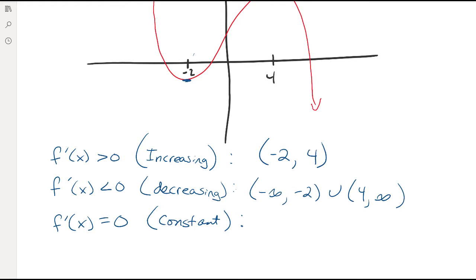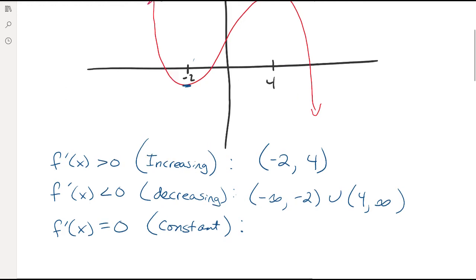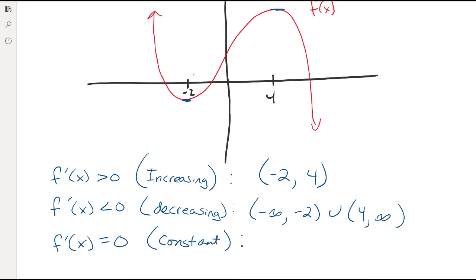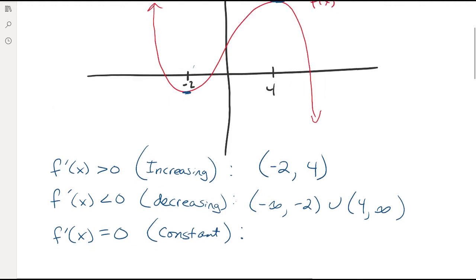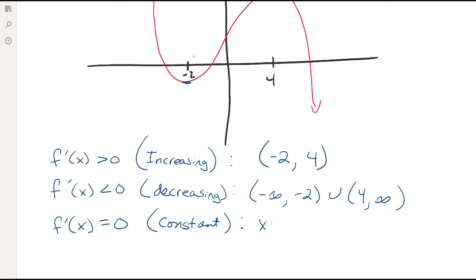It's going to be specific values of x. As I said, this is where the graph flattens out. Here we have an x value of -2 and an x value of 4. That's where our function is constant. I want to make sure it's clear that this is not interval notation.